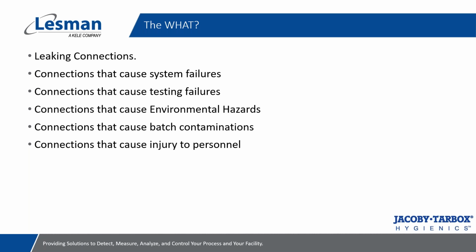The what: leaking connections, connections that cause system failures, testing failures, environmental hazards, batch contaminations, and potentially injury to personnel, which is the worst case scenario that we want to hopefully address. When we talk about a leaking connection, most everybody envisions something leaking out, dripping, but a leaking connection oftentimes can just be air entrainment.